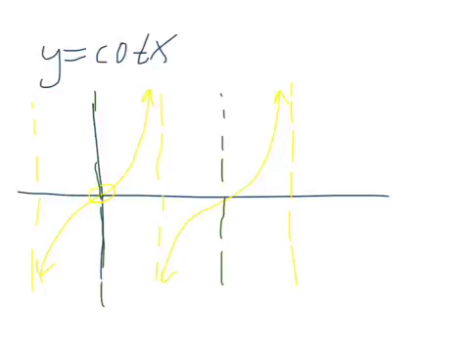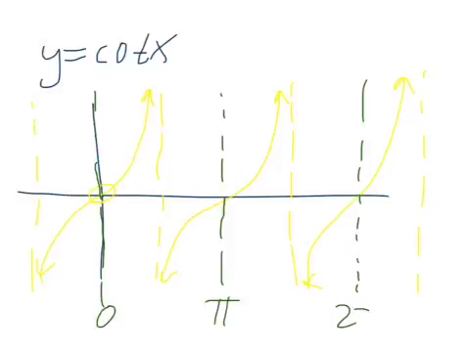Let's do one more tangent. So this is a purposely, or a really bad tangent, as you can see. So there's also going to be an asymptote there. So if you can see that, we have an asymptote at 0, at pi, and at 2 pi, just like that shifted tangent I did in a previous example.